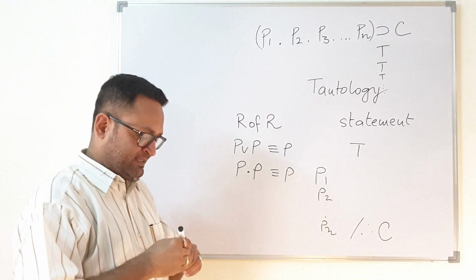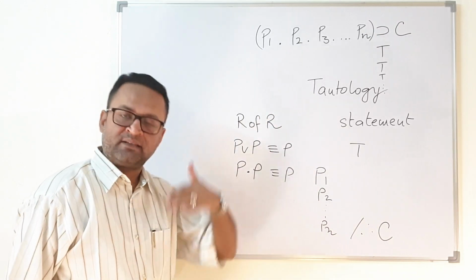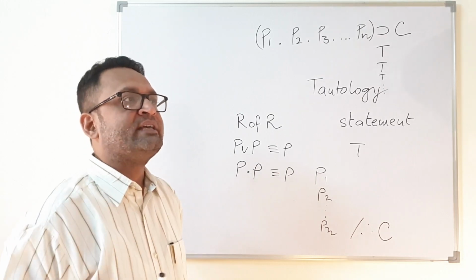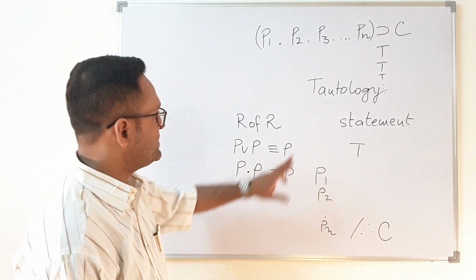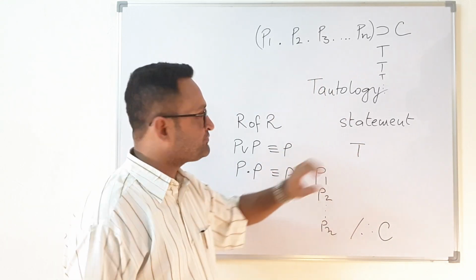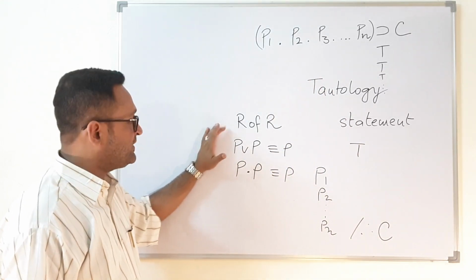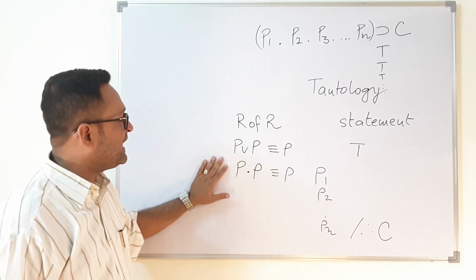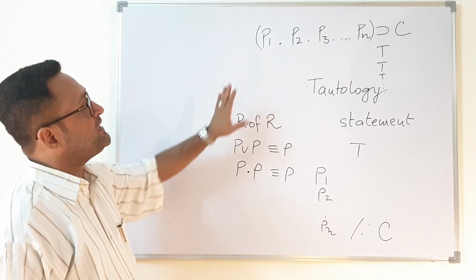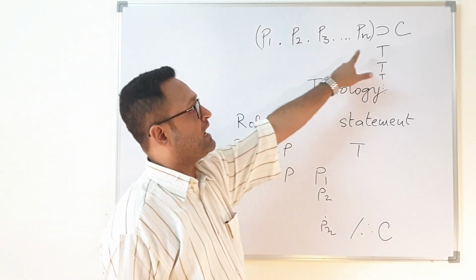We have explained this thing. We also discussed this a few videos back as well. So tautology has a lot of understandings. Tautology is a statement, an a priori statement in fact, which is always true. Tautology is a rule of replacement, like P wedge P is equivalent to P and P dot P is equivalent to P, which are also tautologies. Tautology is also this understanding.